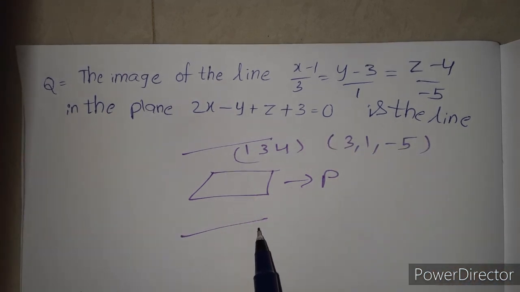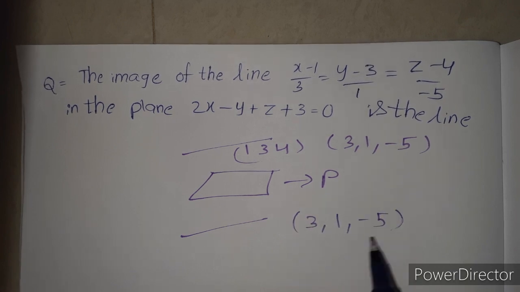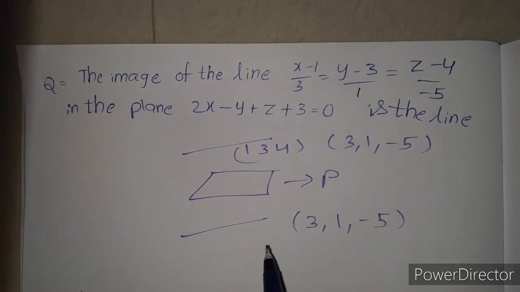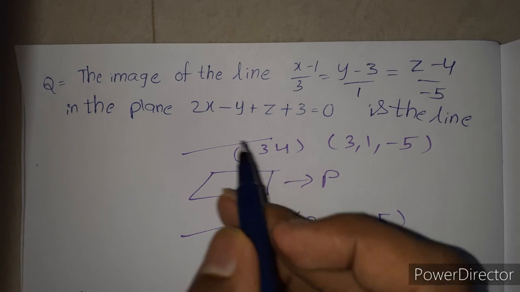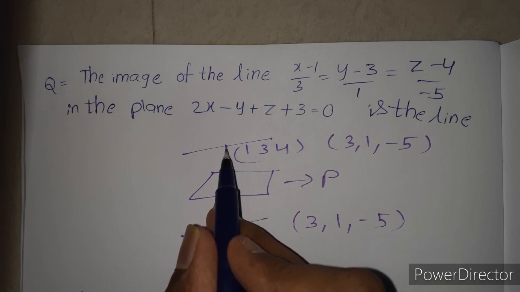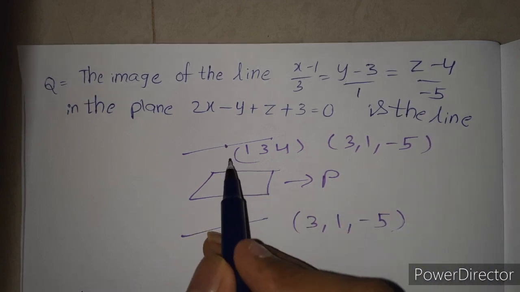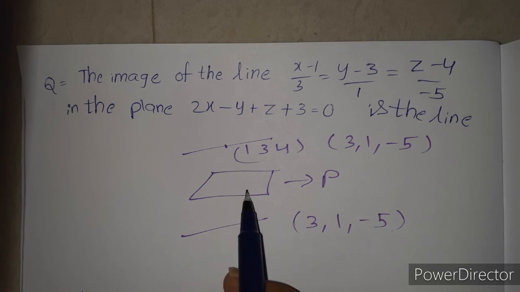So this line is also parallel to this line, so it has the same direction ratios. So we need to find a point so that we can get the equation of the line. How? We have this point in this line, so the image of this point will lie on this line. So we need to find the image of this with respect to the plane.